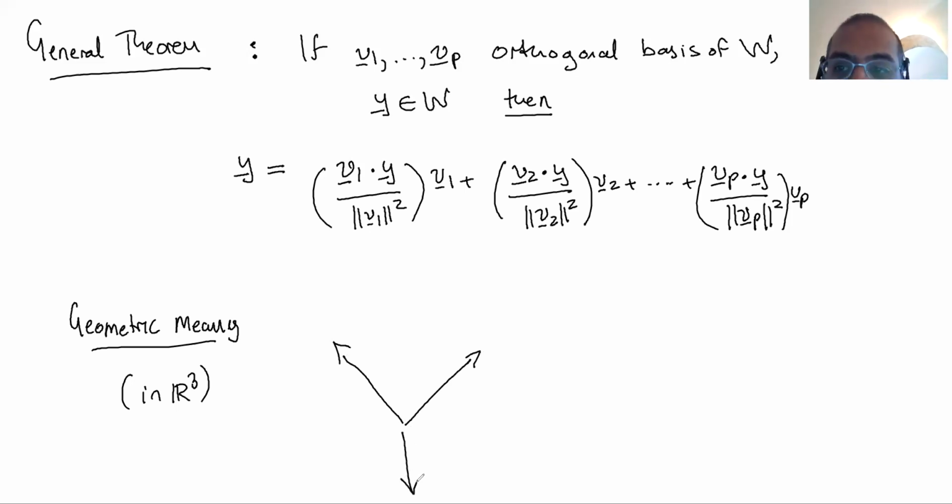Let's say these are my vectors U1, U2, U3. And now suppose I have some vector y that's in R3 as well.